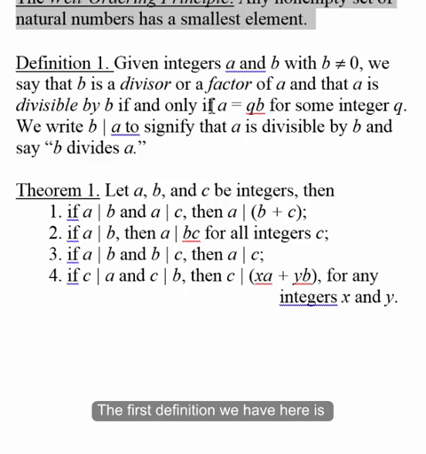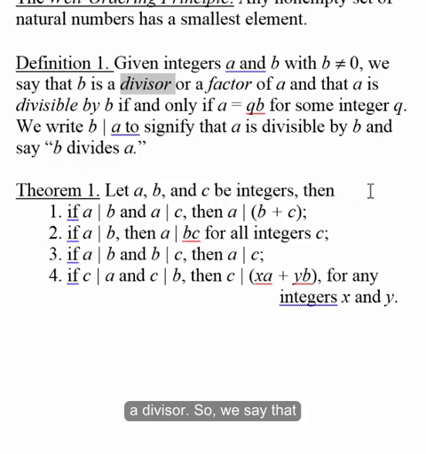The first definition we have here is divisor. So we say that for two integers, a and b, b is a divisor or factor of a if a is equal to q times b. So if you look at the division, and you have an integer division, let's say 15 divided by 3, then you know that 3 divides 15, right?